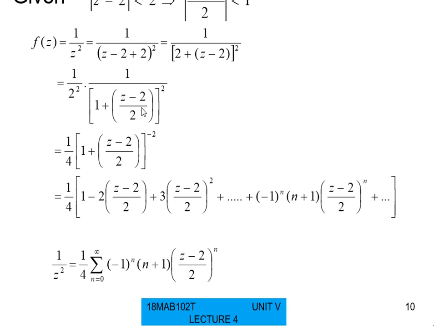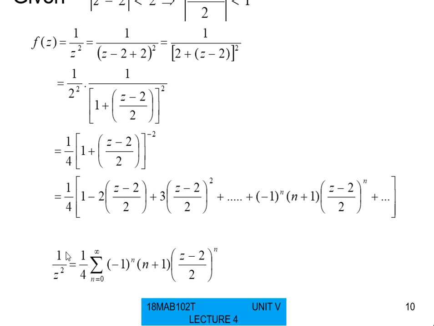Now again, this looks like the binomial expansion, 1 plus z whole power minus 2. So here plus sign, here minus sign. The plus minus comes automatically. Here z minus 2 by 2 is the z term. So by using the binomial expansion, we get this series. So 1 by z square is 1 by 4, sigma n equal to 0 to infinity, minus 1 power n, n plus 1 into z minus 2 by 2 power n.